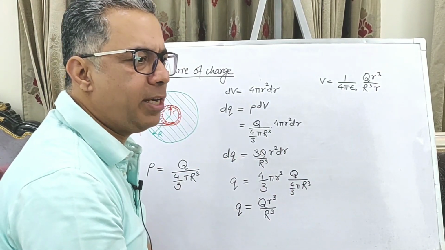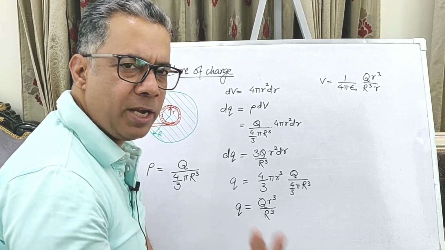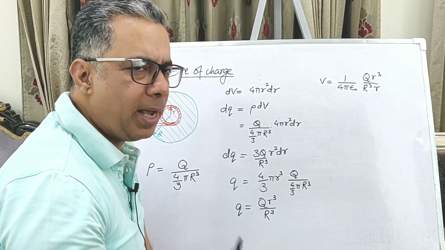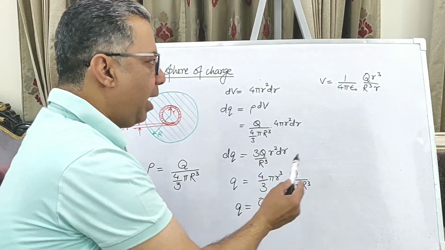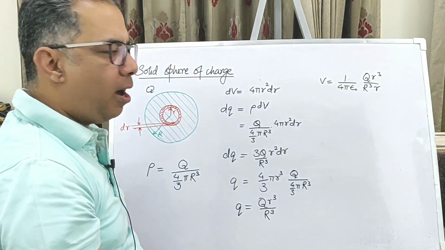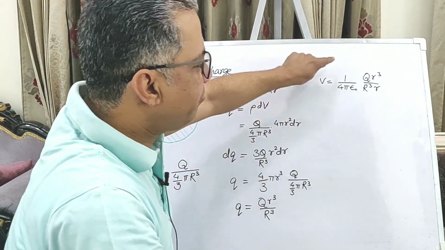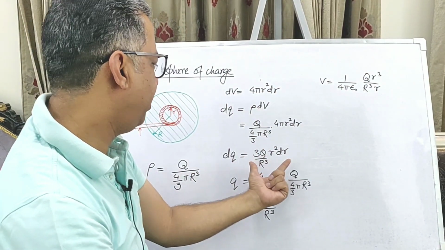Potential on the surface of a solid sphere, if it has a charge q and a radius r, would be 1 by 4 pi epsilon naught q by r. Now small q is the charge q, and the radius here of course is r. So this is the potential. Now at a location where this is the potential, we have added a charge dq.